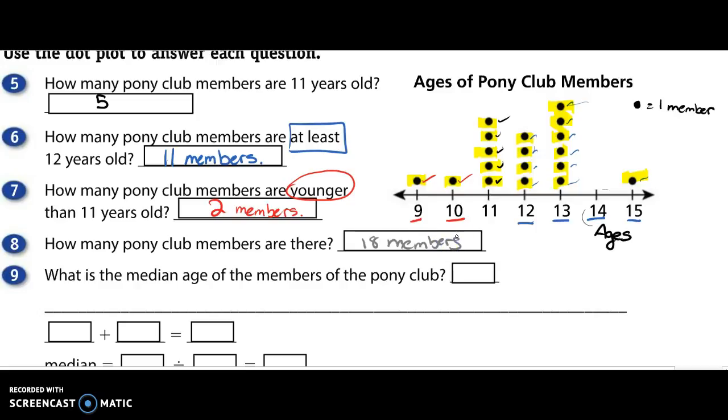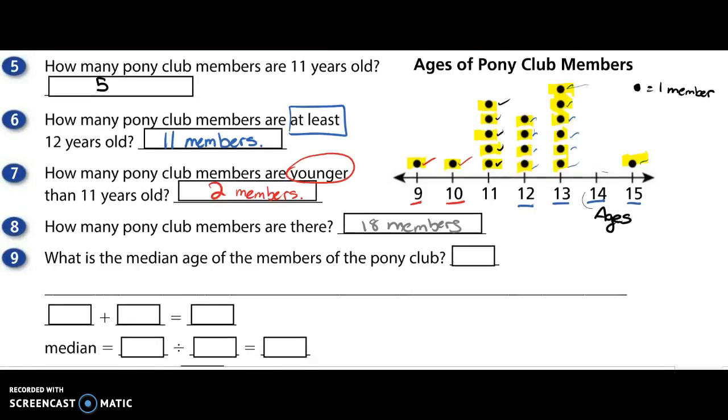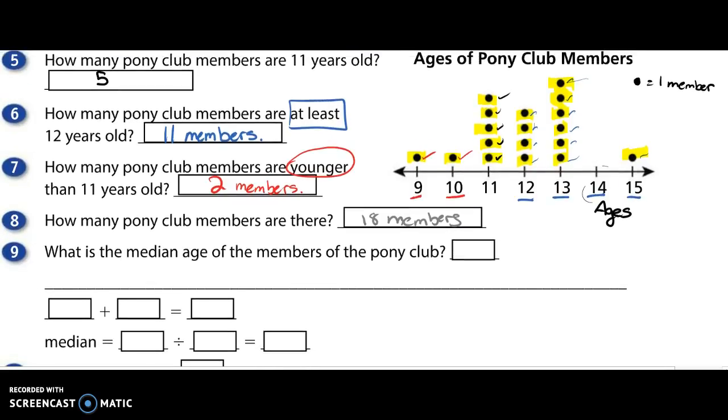Next, it's asking us for the median age of the members in the Pony Club. What do we always need to do when looking to find the median of any data set? That's right, we need to put the data in order. So remember, it's really nice for us if we follow along with our dots, our data is in order for us already.